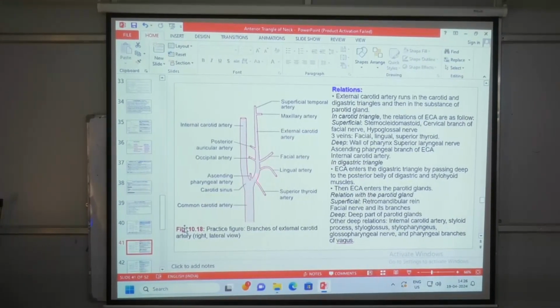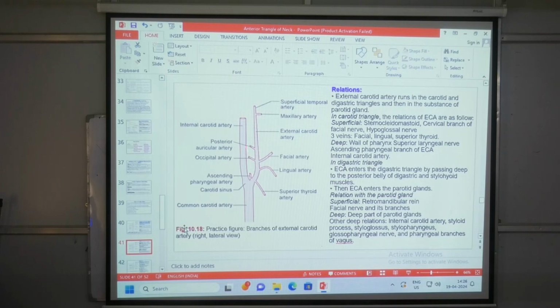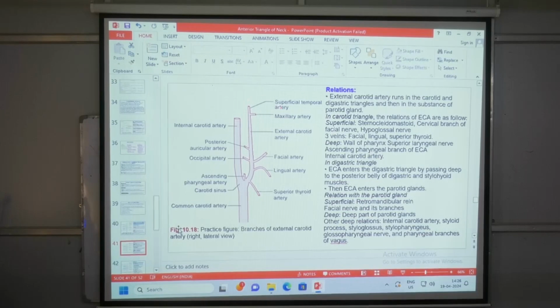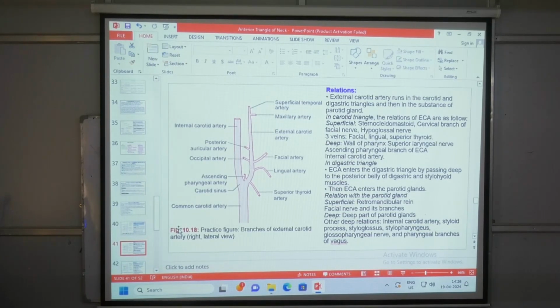First, these five branches come off in the neck: ascending pharyngeal, superior thyroid, lingual, facial, occipital. The posterior auricular lies in the posterior triangle, behind the ear, and two branches are given within the substance of the parotid gland. These two are the terminal branches, superficial temporal and maxillary.